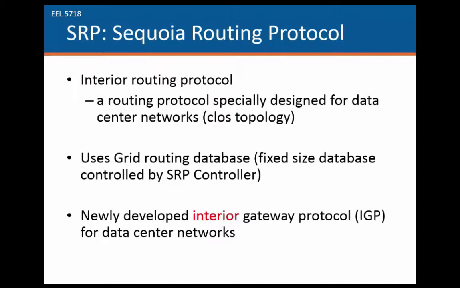It's designed for the fat tree topology. It uses a grid versus a link state database to keep track of which nodes are open and what the shortest path is. The grid uses an SRP controller, and I'll talk a little bit more about what the controller does. It's a newly developed interior gateway protocol, and it's used, like I said, mostly in data center networks.